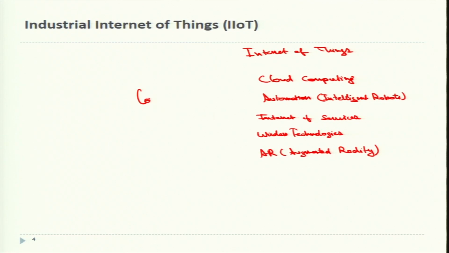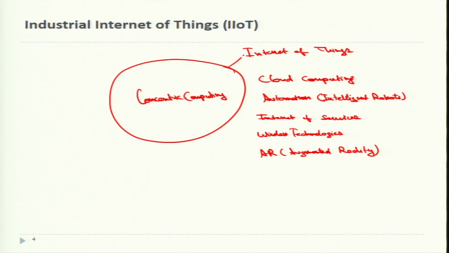That is how we call it concentric computing. That is, at a central level, computing is there, which is connected to different systems, and we have an industrial Internet of Things. So, this helps cross platform integration.